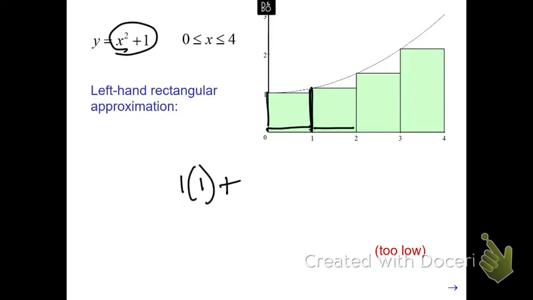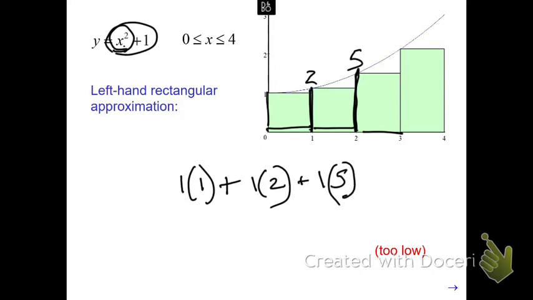So it'd be 1 times 2. That's a height of 2. Doing the area of each rectangle. The next rectangle would be 1 times the height here. Well, the height at 2, we'd plug in the 2 right here, we'd get 5. And then the last rectangle would have an area of 1 times whatever the height is right here. Plugging in a 3, that height would be 10.